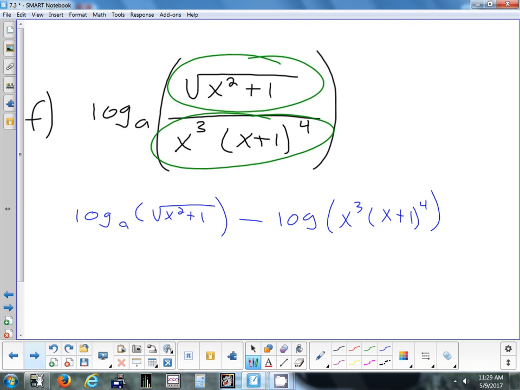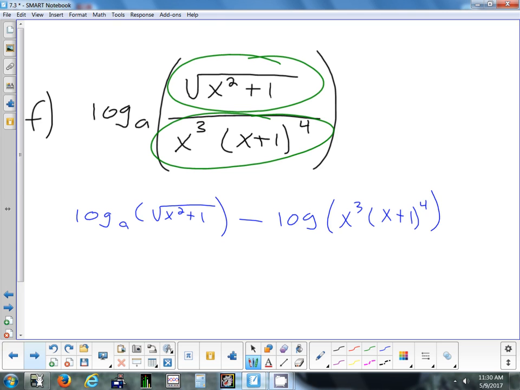Okay, the first part. There's something here I mentioned from algebra that we need to be careful with. What did I say that a square root is hiding? A half, and what is the 1/2? It's an exponent. Okay, so what I'm going to do right now is keep the second term the same.